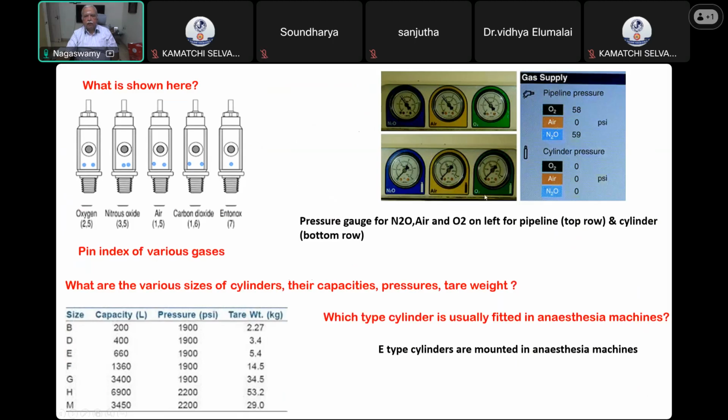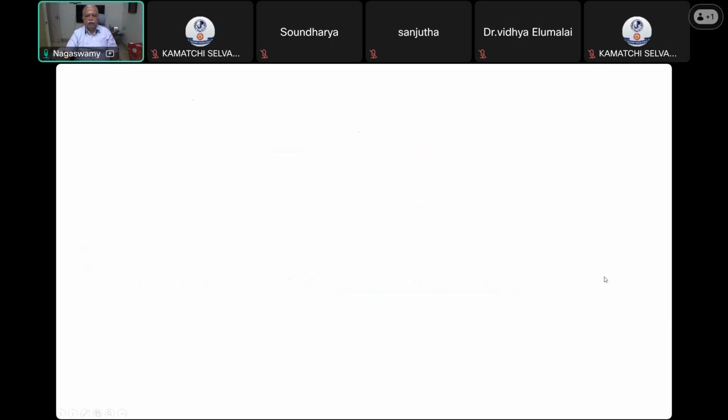Below is the cylinder pressure for the same, which is 0 because the cylinders are not open now, so they are kept in closed position. So all the gauges are showing 0. Whereas pipeline pressure is reading the pipeline pressure, and the same pressure is displayed numerically on the right side. Whatever pressure is delivered by the pipeline is shown there.